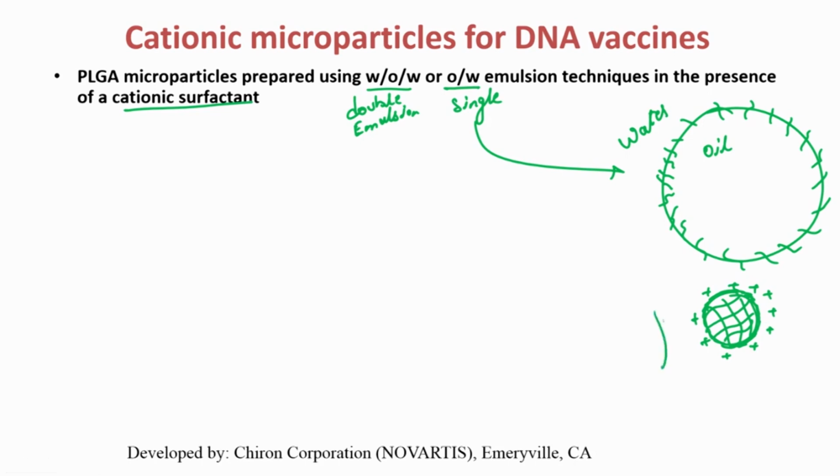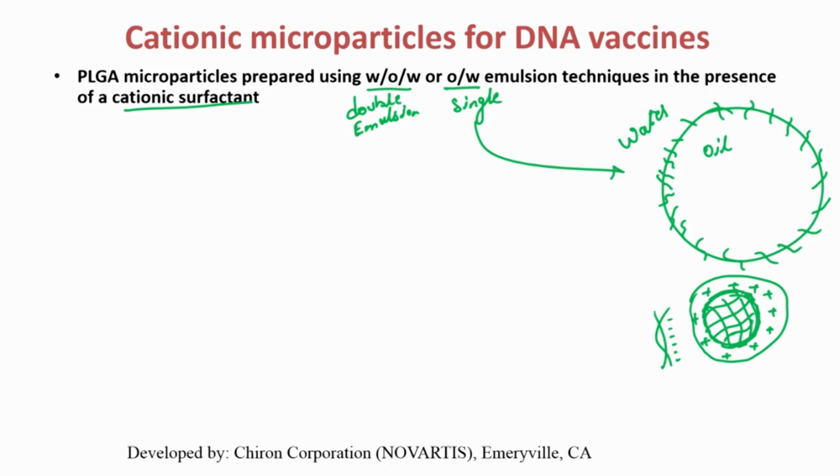So if you mix it with the DNA, the DNA, since it is negatively charged, will ionically interact and deposit on the surface. Then you can use this particle to deliver it to various cells based on the size, and it may also show endosomal escape because of the presence of these cationic surfactants.